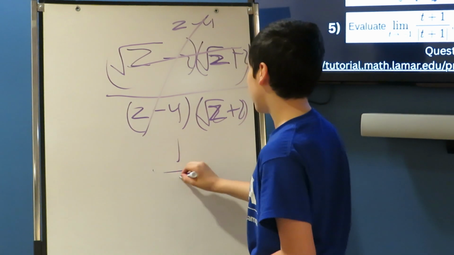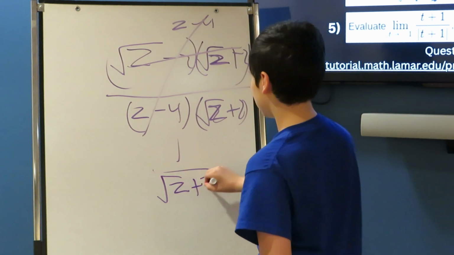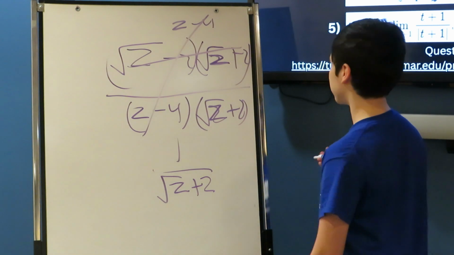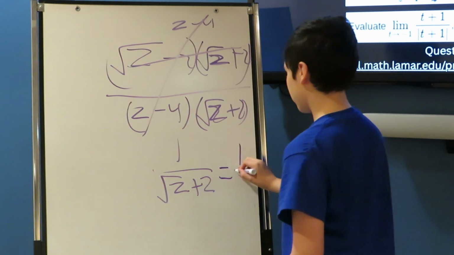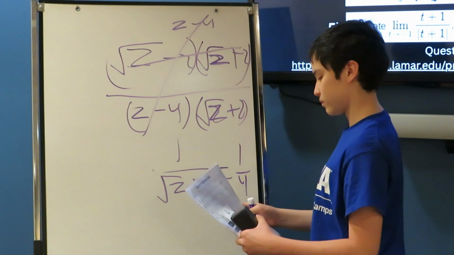And now we're just left with 1 over square root z plus 2. Now substituting in z equals 4, we get 1 over 4.